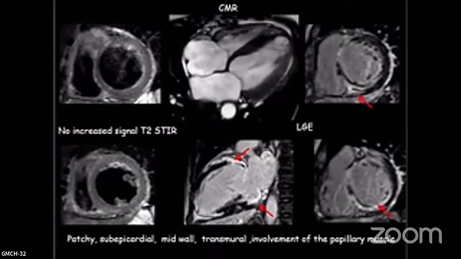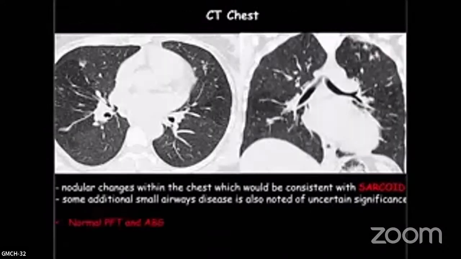Sarcoid is a likely differential. We proceeded to do a CT chest, and that showed parenchymal change, which could be consistent with sarcoid. Based on further clinical assessment, this lady was then diagnosed with cardiac sarcoid and started on immune suppression.